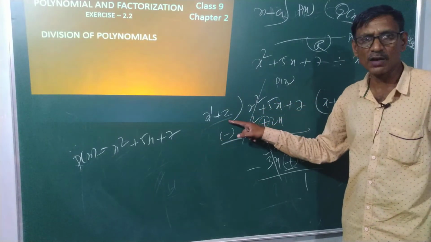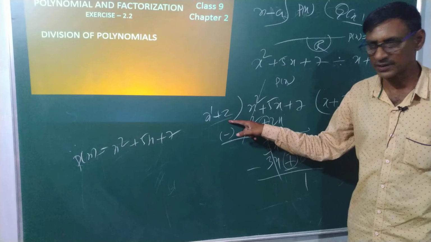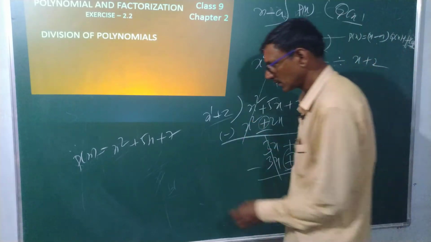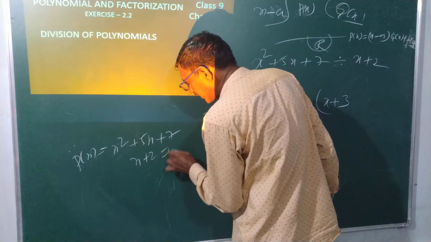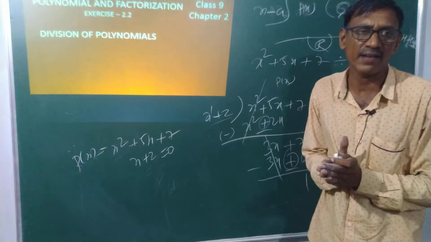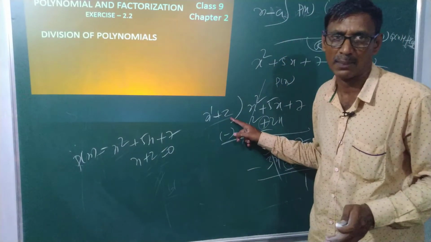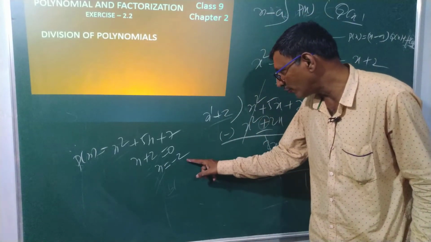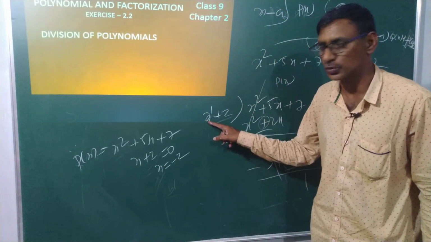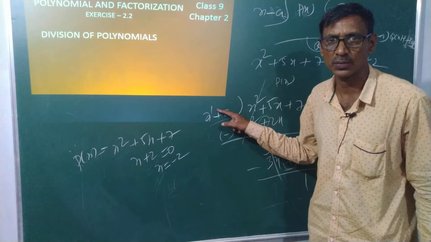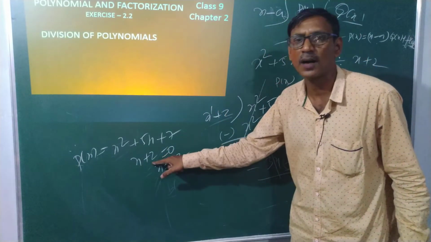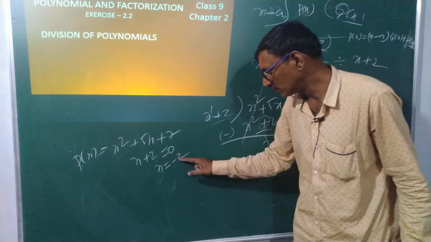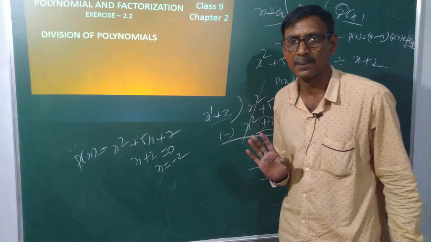My divisor is how much? x plus 2. x plus 2 equals 0, then I will get the zero of this polynomial. x equals minus 2. So when we take minus 2 here, it becomes 0. Minus 2 is the zero of x plus 2. That should be taken here. Very simple.